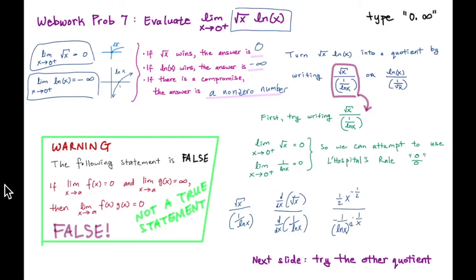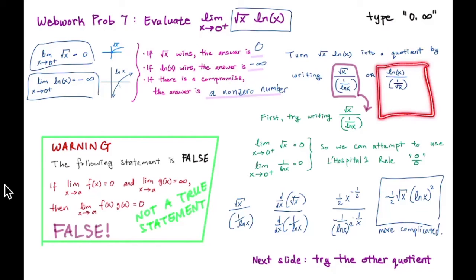And if I simplify, I get negative 1/2 square root of x times natural log squared. But this is even more complicated than the expression we started with. In general, we want things to be less complicated after we apply L'Hopital's rule. So maybe our first choice is not a good choice. So let's try writing our product as this other quotient.